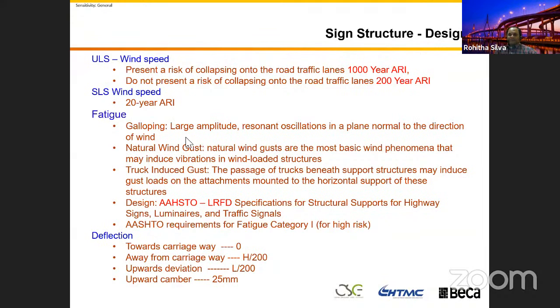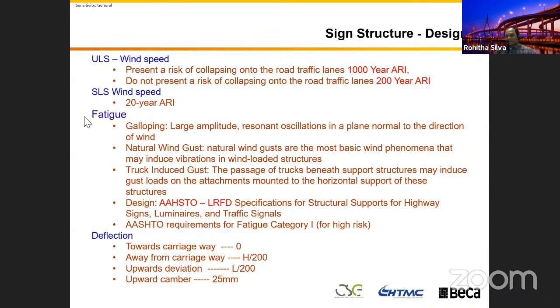But if it fails in a normal condition, while you are driving, you don't know, there's a very light wind. So because of the fatigue failure under the light wind condition, if this structure collapses onto the roadway, that is not acceptable.